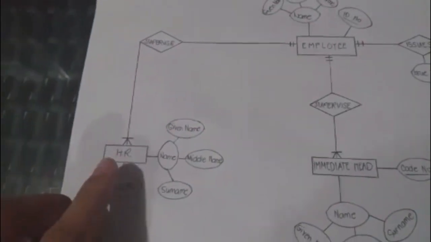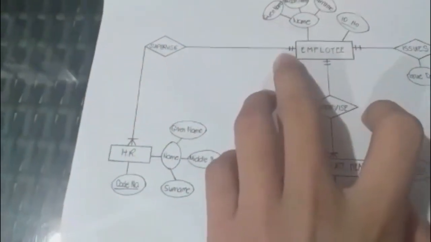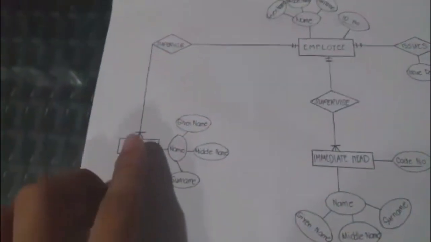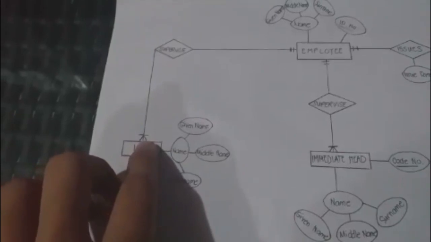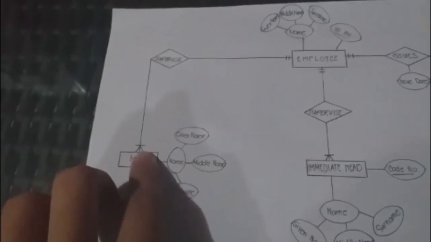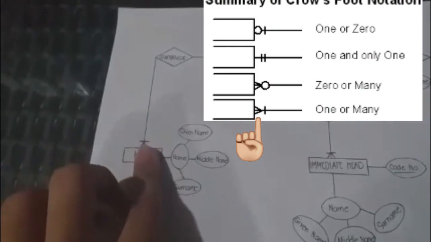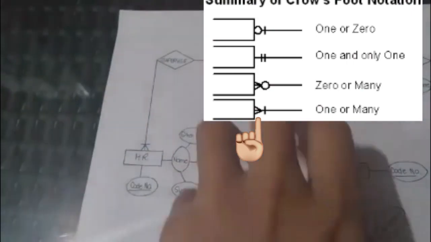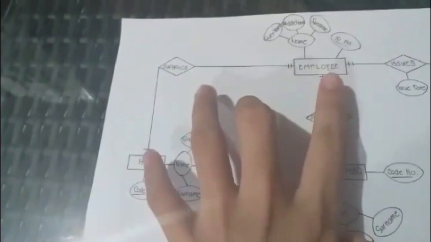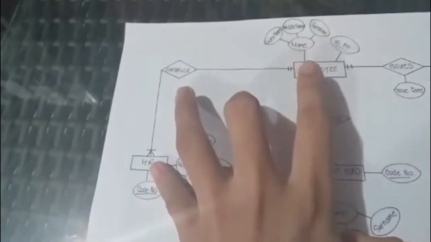Now let's go to the human resource and the employee. The employee has two lines. The human resource has these, which means many to one. Okay, so let's explain it well. How many human resource transactions or supervising can an employee have?